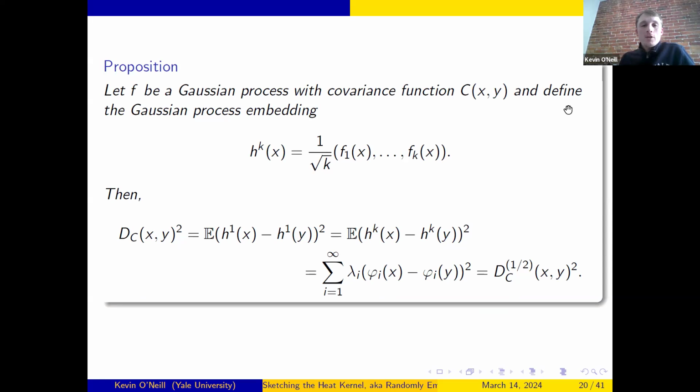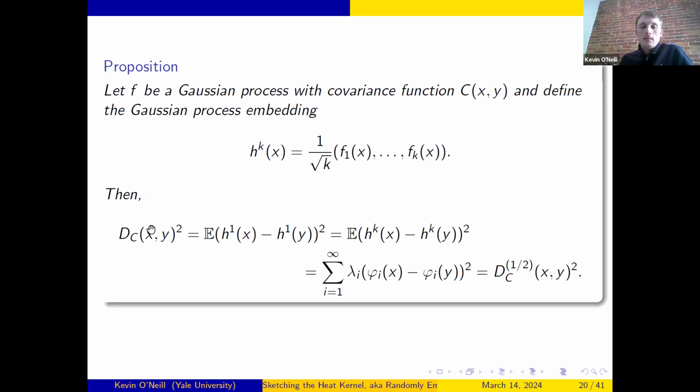Okay, so if you construct these Gaussian process embeddings and you look at the distance between two points in the embedding, that's this expression here. Well, these are all independent realizations, and we normalize. So that's just equal to the expected distance for one realization of the Gaussian process, which is our canonical metric for the Gaussian process.